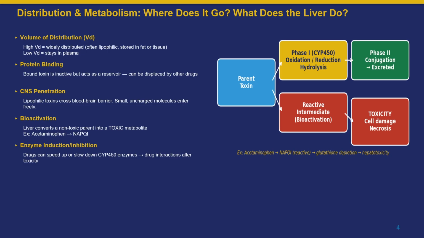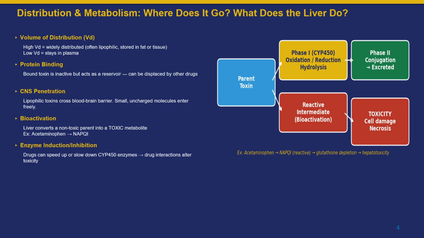Phase 2 reactions then conjugate that modified molecule to something even more water-soluble: glucuronate, sulfate, glutathione, amino acids, and the conjugate is excreted. Here's the critical concept: bioactivation.